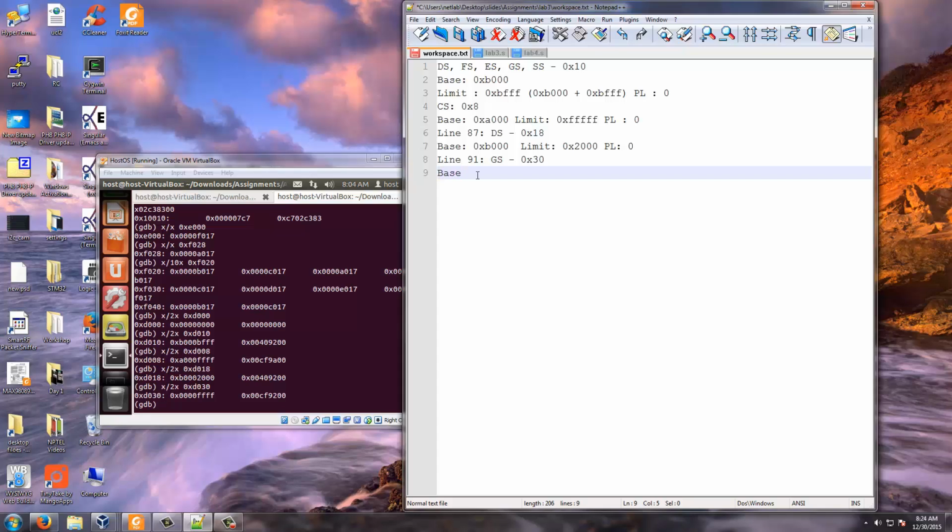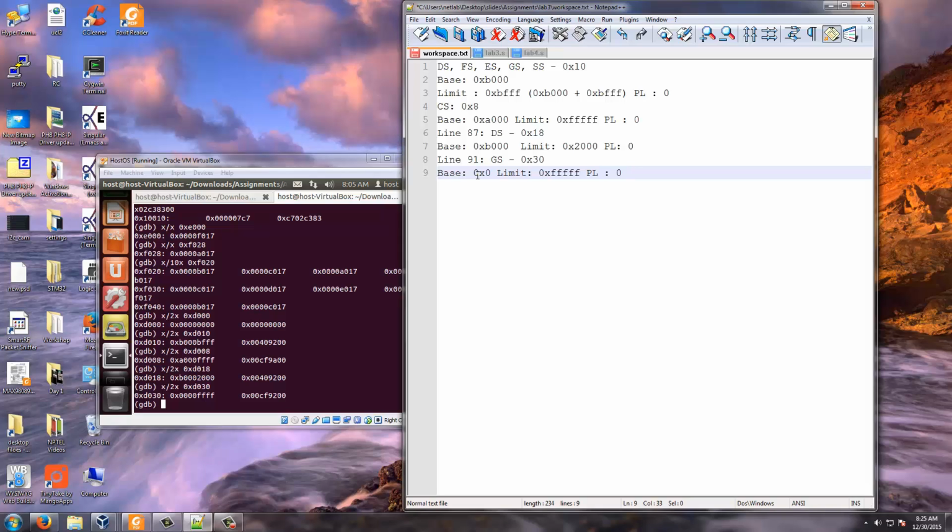Now this is a segment with base as 0 and limit as FFFF, with the limit bits 5F, and also the granularity bit is set to 1.